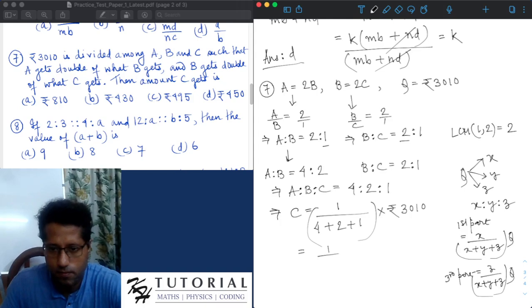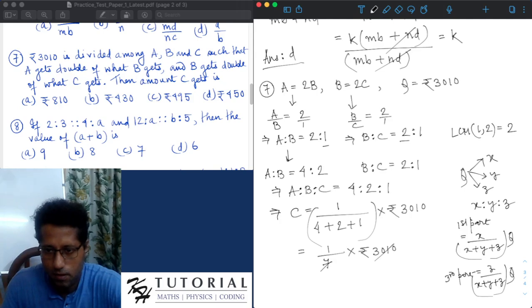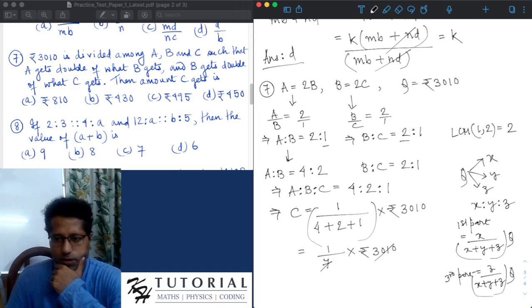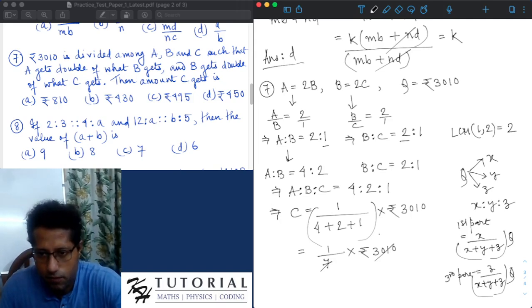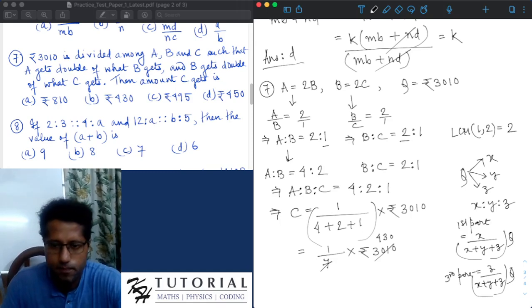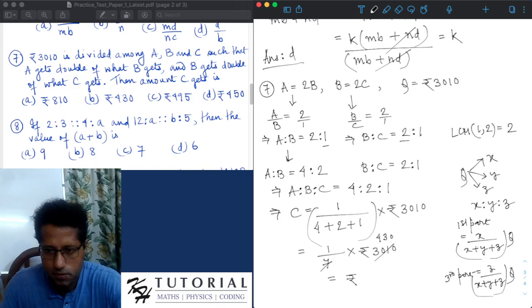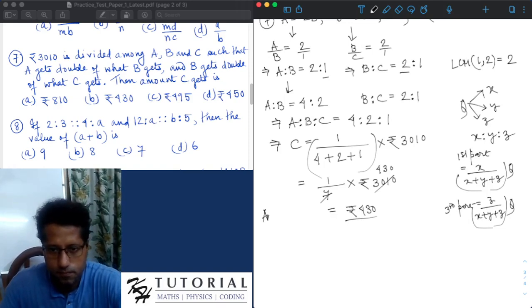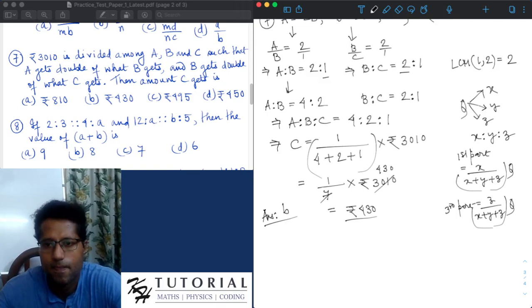This is 1 by 7 multiplied by rupees 3010, and 3010 divided by 7 is 430. So this is equal to rupees 430. So C gets rupees 430. The answer is choice B.